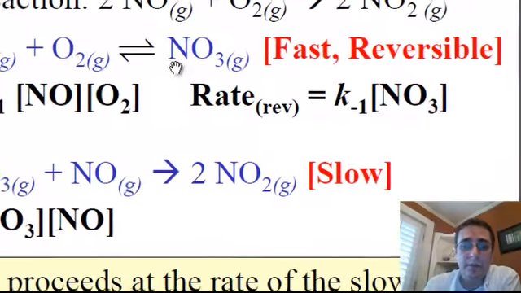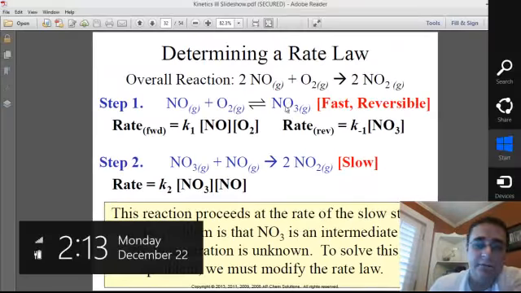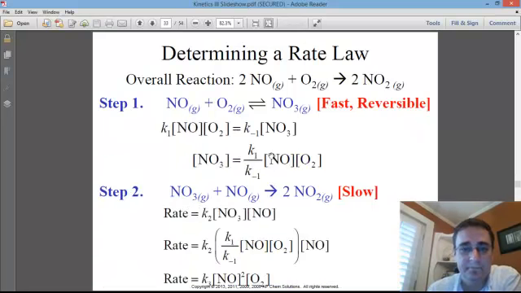And at equilibrium, the forward reaction and the reverse reaction are going at the same rate. So in other words, the rate of the forward reaction, here's the rate law for the forward reaction, and the rate of the reverse reaction, here's the rate law for the reverse reaction, are going to be equal to each other. And we can use that to our advantage.